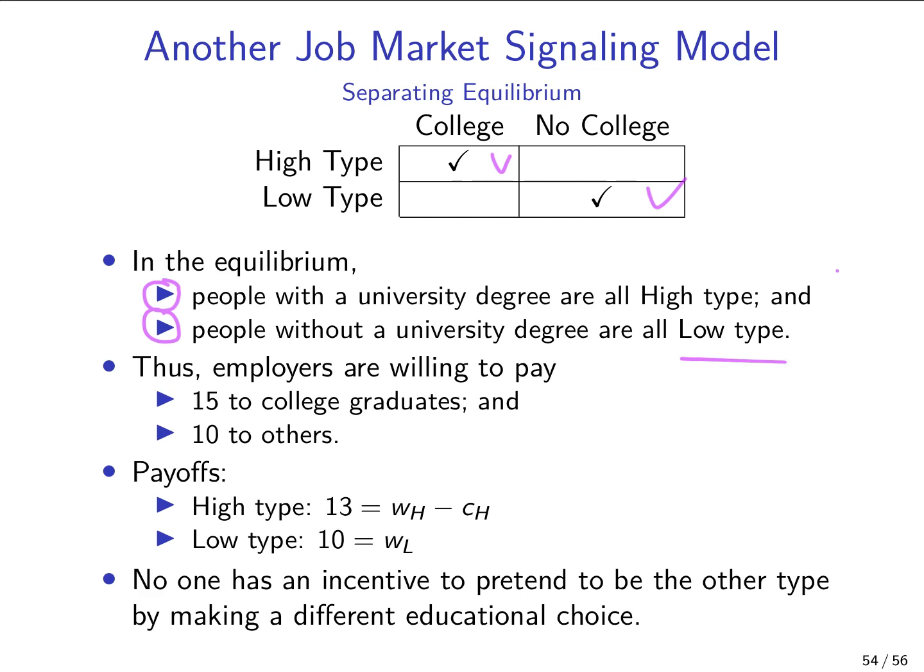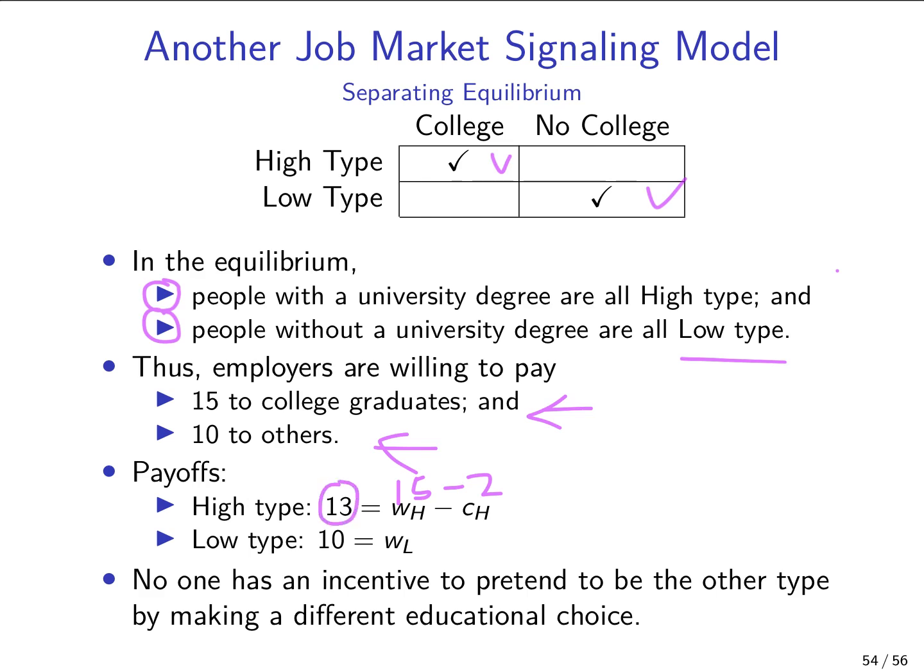The belief on the part of the employer would be consistent with how different types of workers choose education level. And so the employer is willing to pay the productivity, so 15 to college graduates and 10 to non-graduates. The payoff in that equilibrium for the high type is going to be 15 minus the cost for the high type, 2, equal to 13.